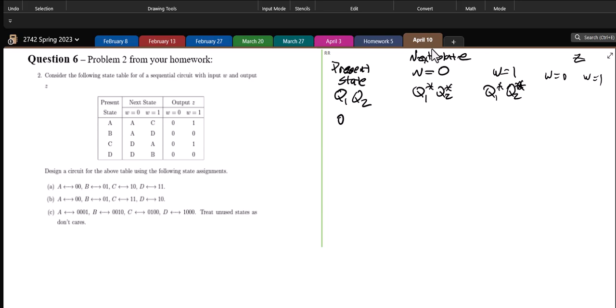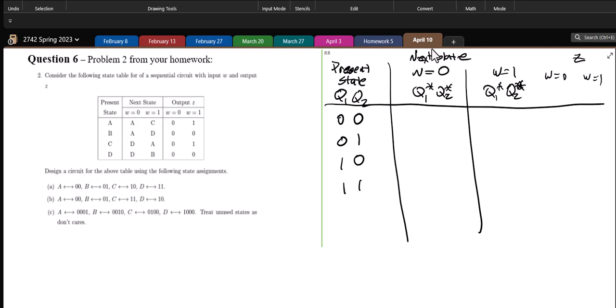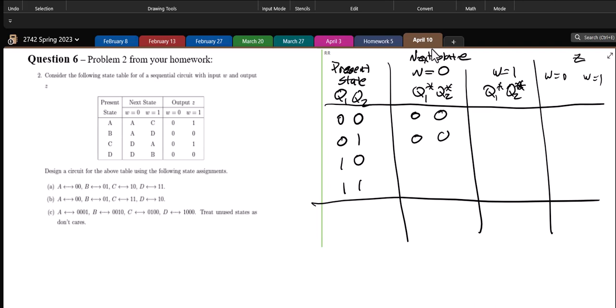So C is 1, 0, D is 1, 1, A is 0, 0, B is 0, 1, and then the outputs stay the same.